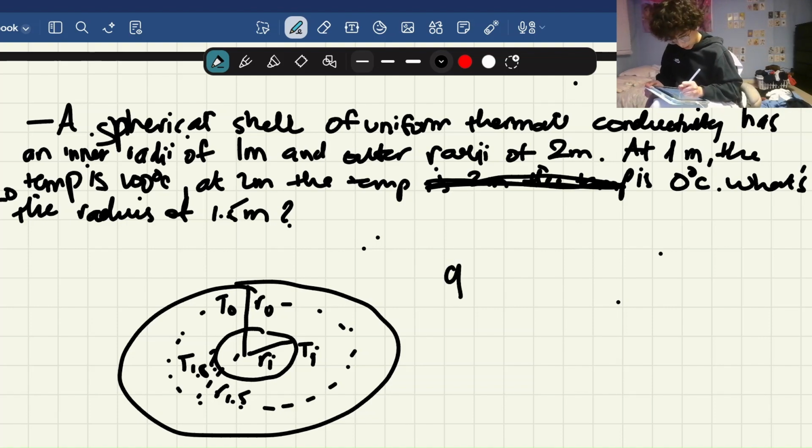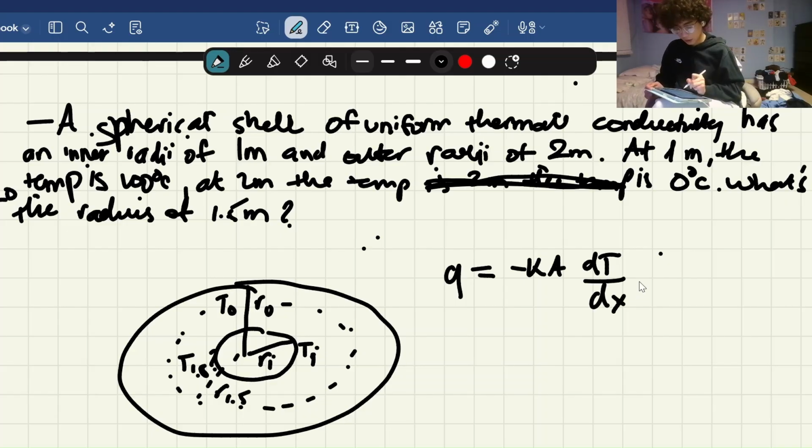So we can have Q equal to negative K A dT/dx. Let's analyze each variable. K is constant, and Q is also constant because we assume steady state.